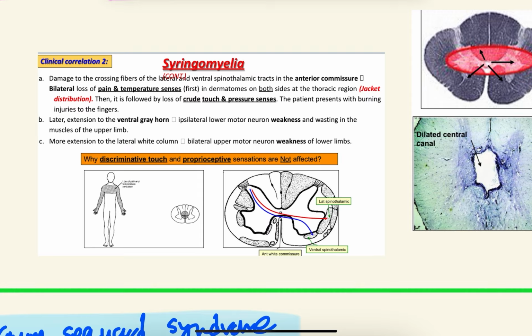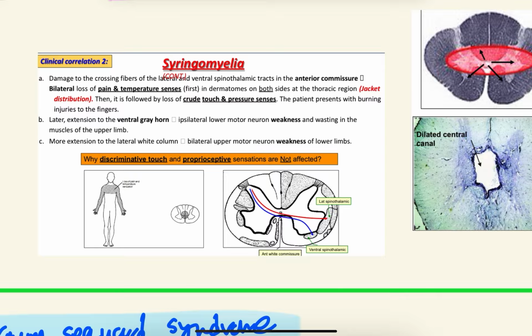So again, first of all, we said it will affect the ventral spinothalamic tract in the anterior commissure, leading to a loss of pain and temperature first, on both sides, followed by crude touch and pressure senses.